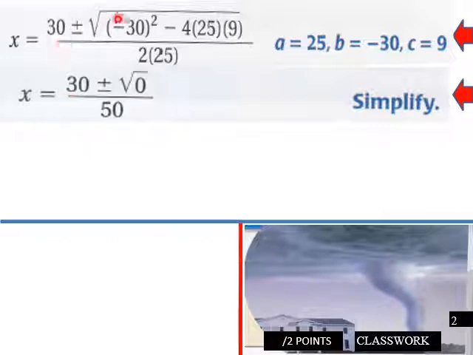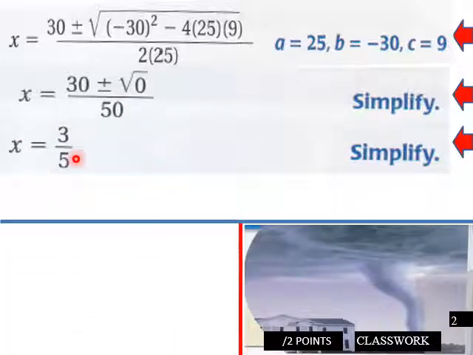And then we're going to use our quadratic formula here to plug in our values. A equals 25, B equals negative 30, and C equals 9 down here. And we come up with this once we simplify it. We have 30 plus or minus the square root of 0 over 50.